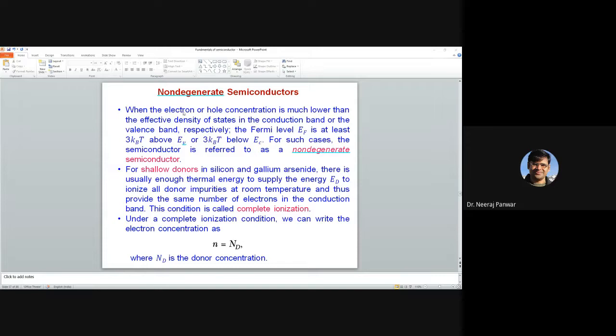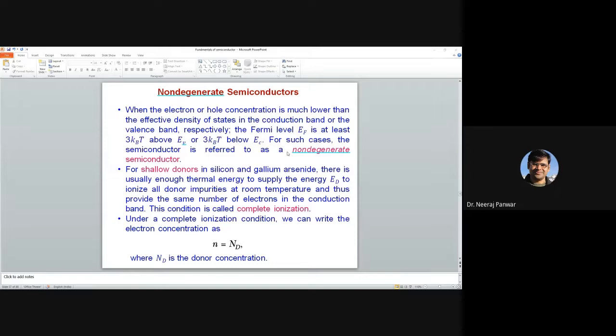When the electron or hole concentration in the conduction band and valence band is much lower than the effective density of states in the conduction band or the valence band, the Fermi level is at least 3 kBT above the top of the valence band or 3 kBT below the conduction band. For such cases, the semiconductor is referred to as a non-degenerate semiconductor.